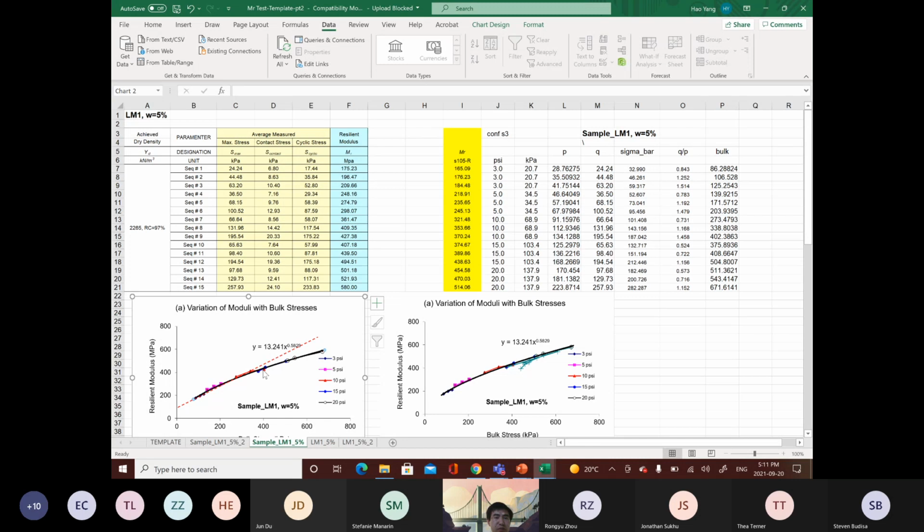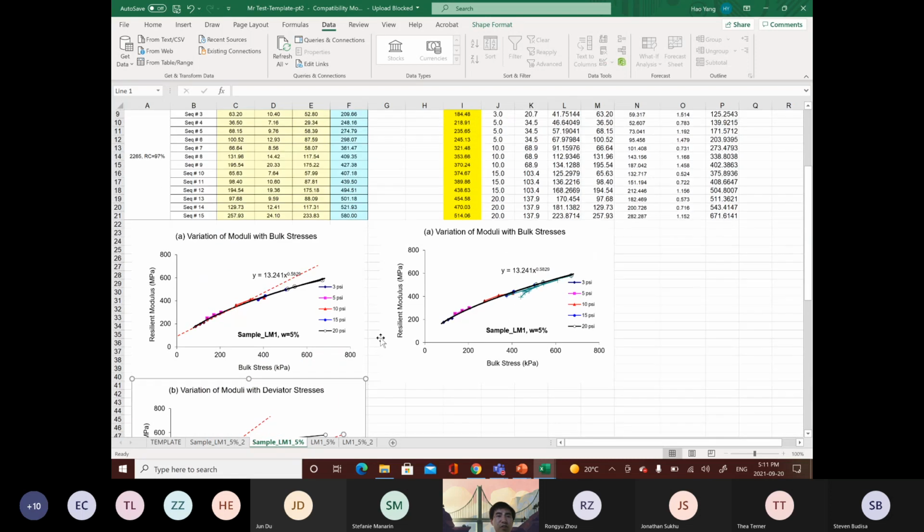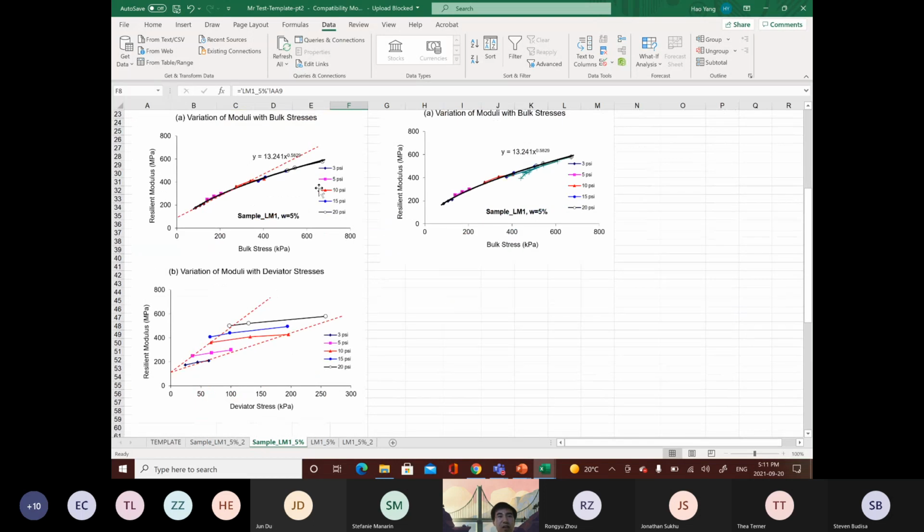This figure actually comes from the bulk stress, that will be maximum stress, and the resilient modulus. And this figure shows the relationship between the deviator stress and resilient modulus, which would be the cyclic stress and the resilient modulus. You need to use the command in Excel to find out the parameters, or find out the curves to fit those lines.